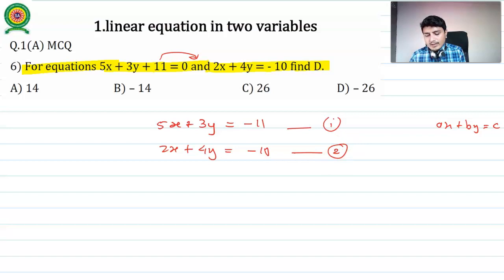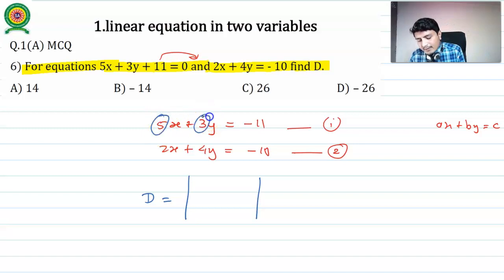Now to evaluate the value of D. As per Cramer's rule, what is the value of D? D becomes the determinant of coefficients of x and y from equation 1 and 2. So the value of D we have is of the form determinant of. Now which are the coefficients of x and y from equation 1 and equation 2? I will circle them out: 5, 3, 2 and 4. So try to write the elements of the determinant of the form 5, 3, 2 and 4.